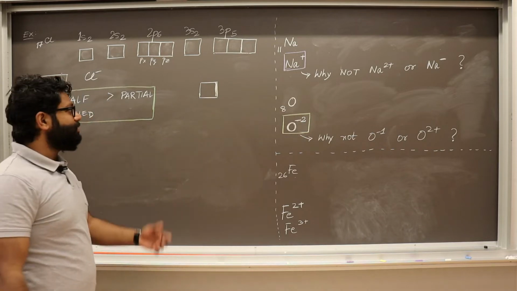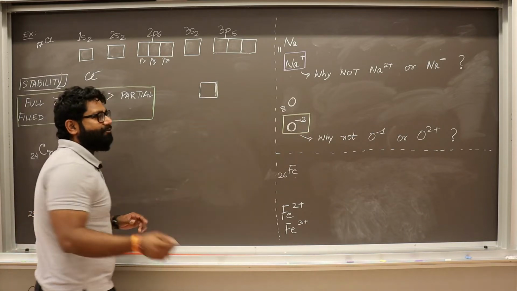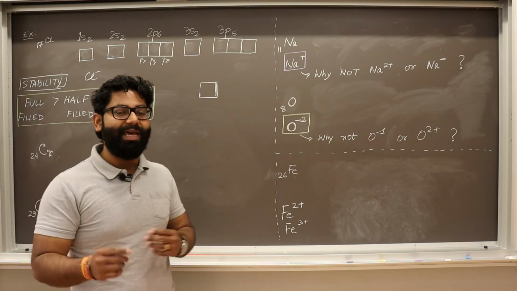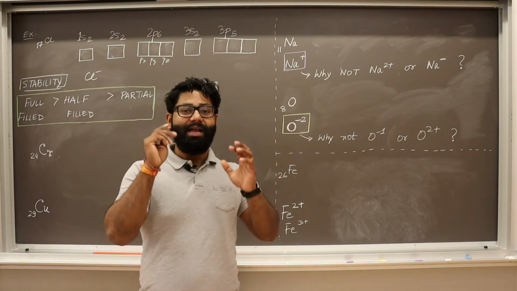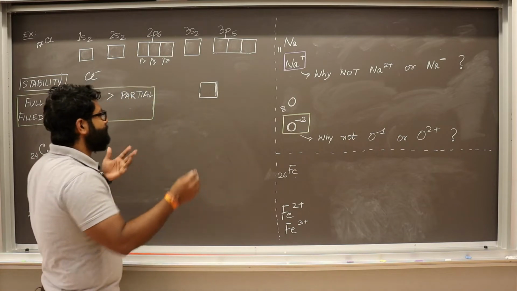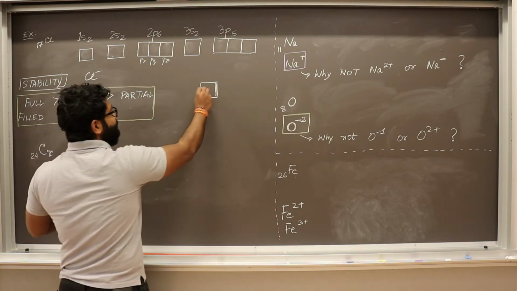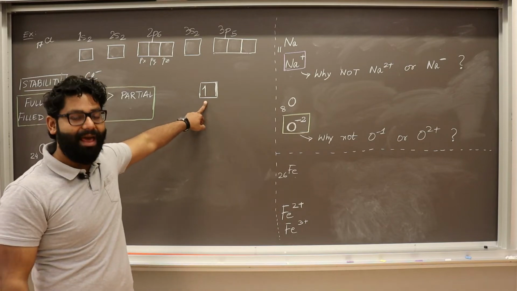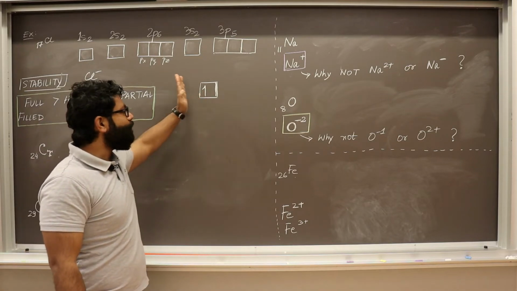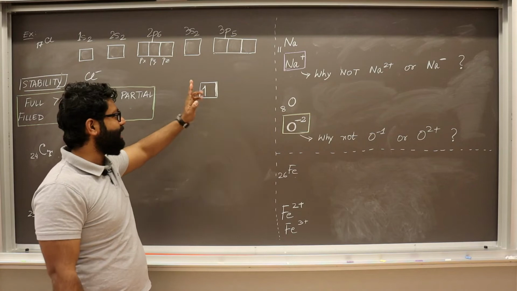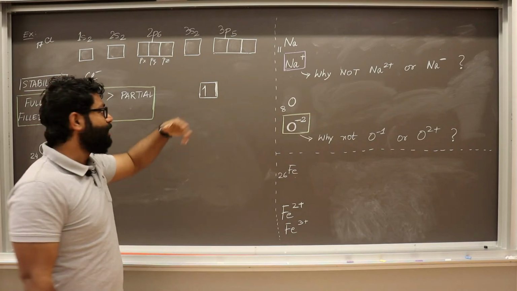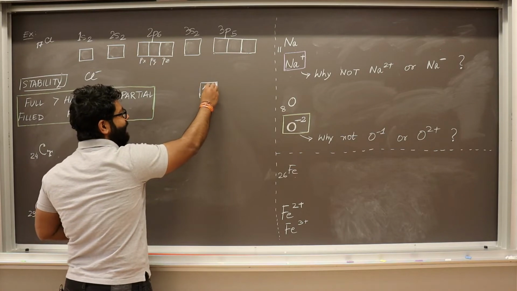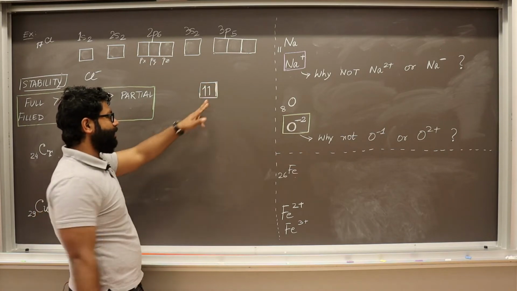the electrons will have to have different spins. Now, what do we mean by spins? We'll be looking at a concept called quantum numbers, but for now, just remember that we represent an electron with this half arrow. If you have an electron represented by this half arrow pointing up, we cannot have an electron which is also pointing up.